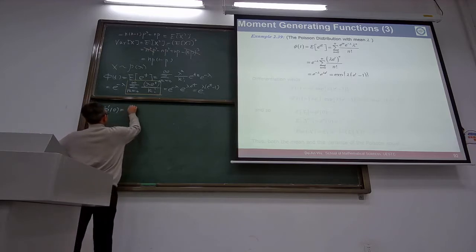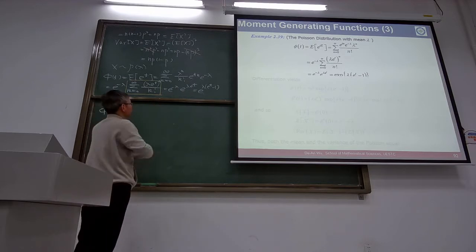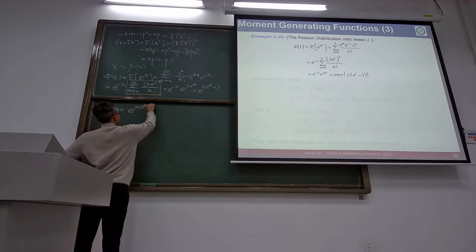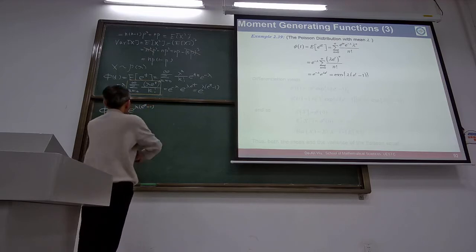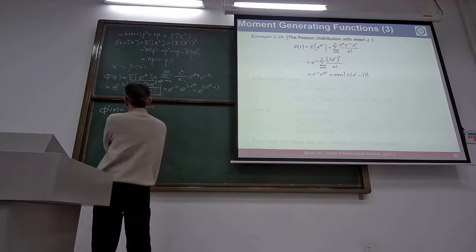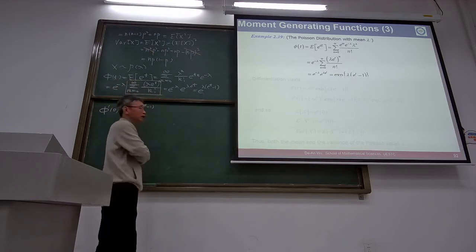Take the derivative with respect to t. How do we find such a derivative?